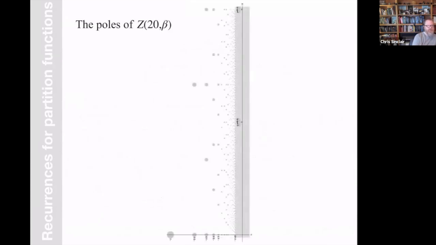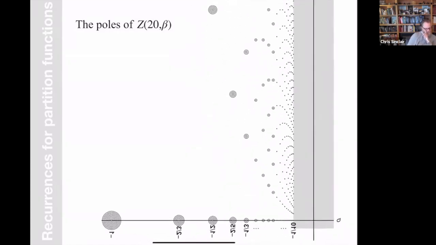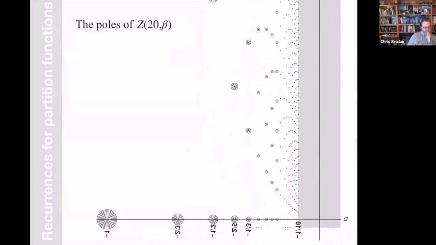So for instance, if we look at Z_20 of beta, this is looking in the complex plane. Everything is backwards just for stupid reasons, but we see the y-axis. Everywhere in gray the function is holomorphic. So it's holomorphic to the right of real part of s equals minus 2 over n. And then you can see where the poles line up here.